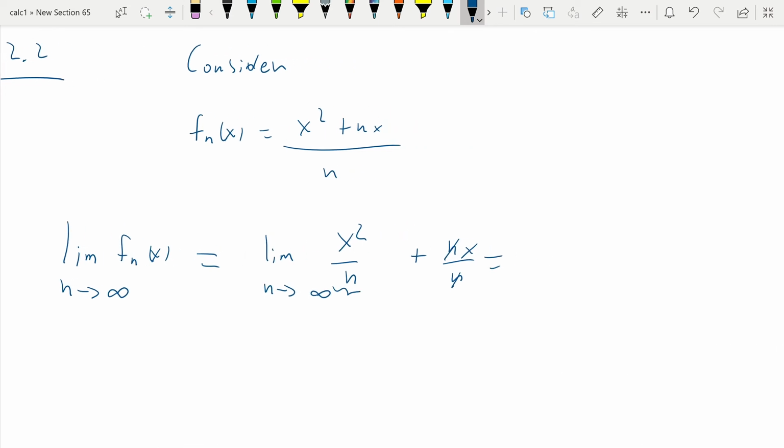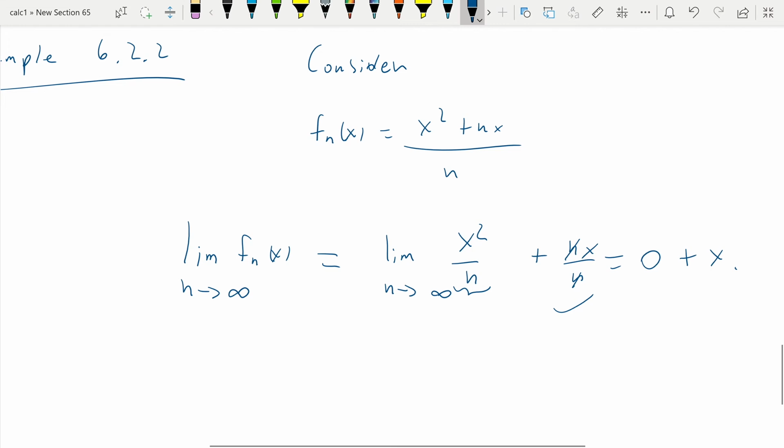Since x is fixed and you're dividing x squared by n, the limit of this quotient when n goes to infinity is equal to 0. And the second term doesn't depend on n, and so the limit is just x. So given any x, this is the important part, this limit is just equal to x.